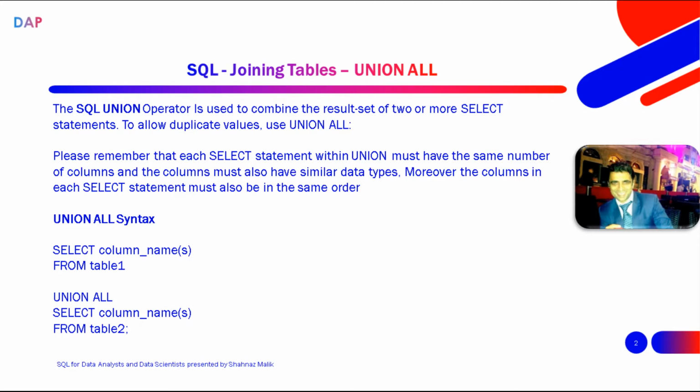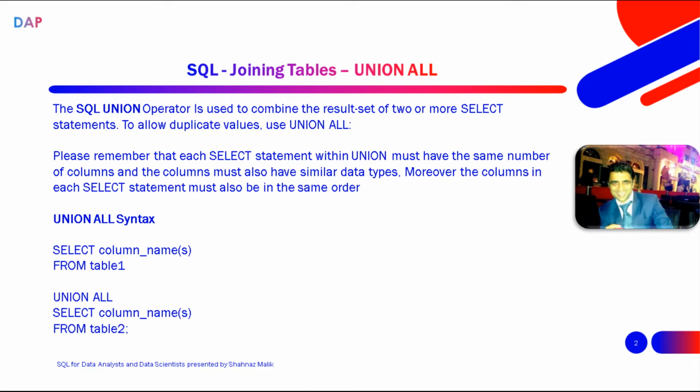As you can see on the screen, the SQL UNION operator is used to combine the result set of two or more SELECT statements, and I have already talked about this in my previous lecture. But now, to allow duplicate values, we use UNION ALL.